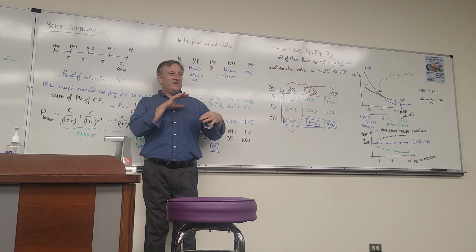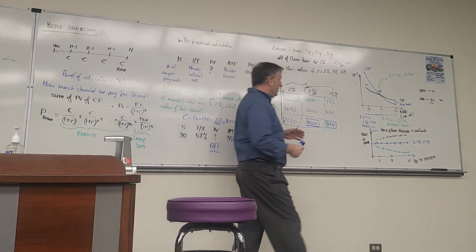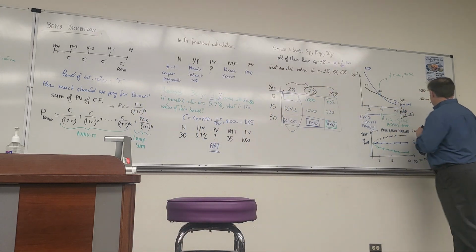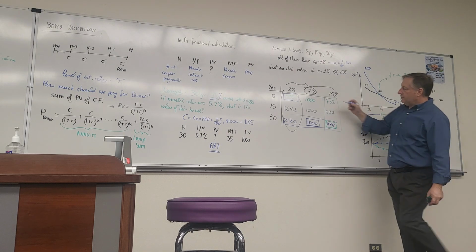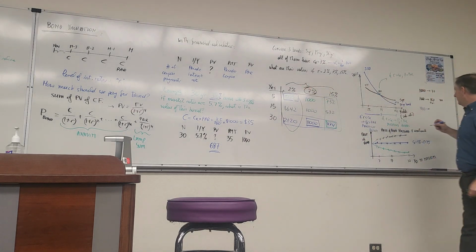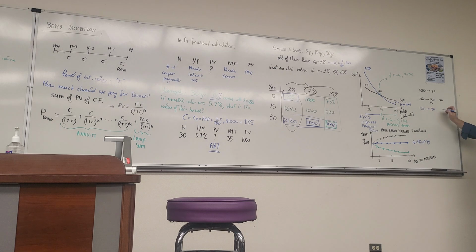For the premium bond, it's the exact opposite. For this bond, a $1,000 investment should give me an interest of 2%. So this should give me $20, but this bond is giving me $70. So this bond is giving me $50 too many.